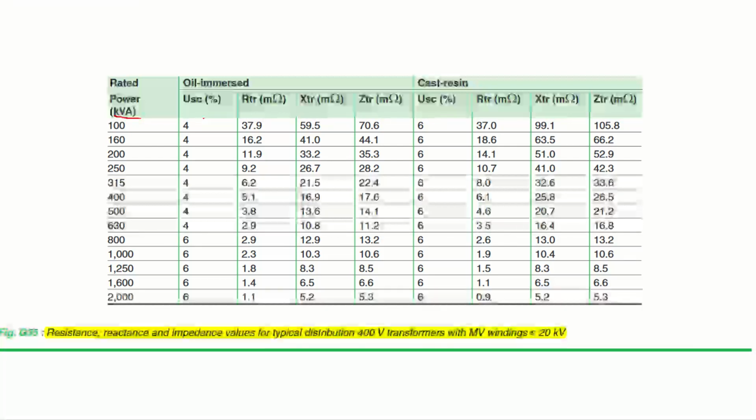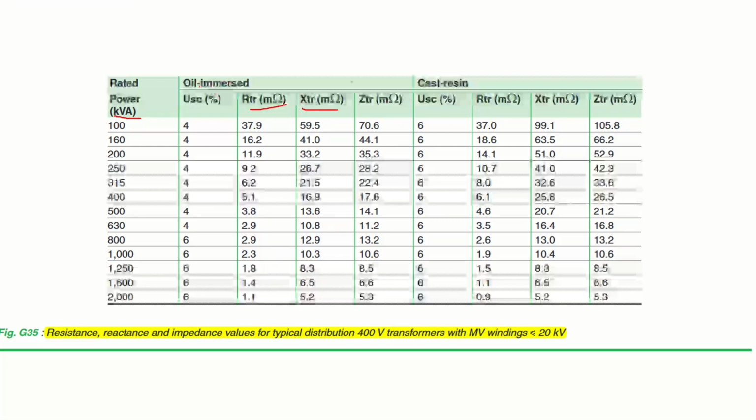We will see this later in detail in the electric machines course. So according to USC, if it is 4% or 6%, and according to the rated power of the transformer, we'll get RTR and XTR. So for the moment, we'll be forgetting ZTR.